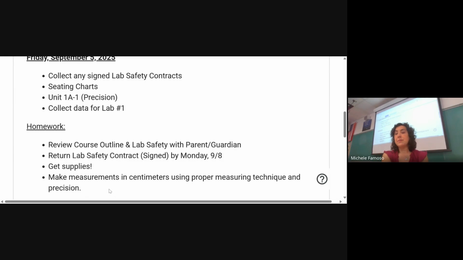I'm going to give you something to make measurements of. And then your assignment will be to make those measurements in centimeters with the proper technique, with your ruler, and the proper precision of your ruler. Now, what is it that I'm going to ask you to measure? Let me hand these out and I'll explain. Just getting one of these cards with some things on them.